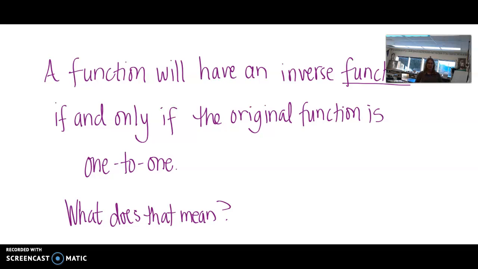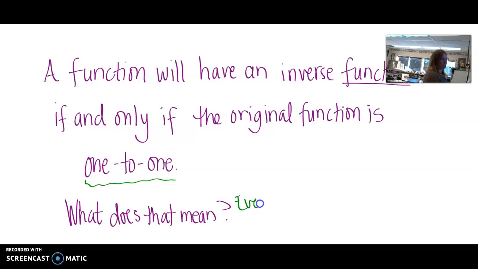So what does that mean? Well, a function is an equation or a relationship where every x has only one y, and it has to pass the vertical line test. If a function is 1-to-1, we're going to add to that that it also has to pass what's called the horizontal line test.